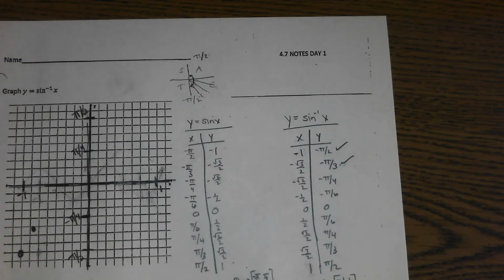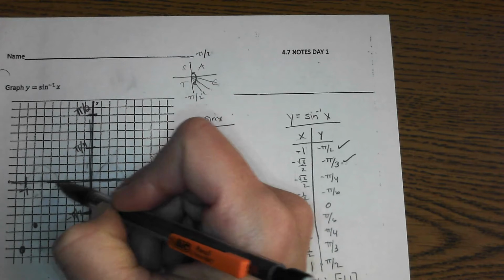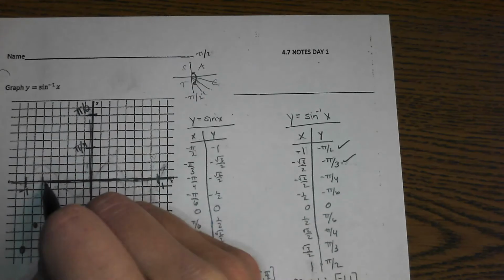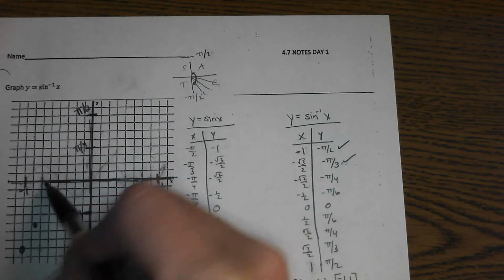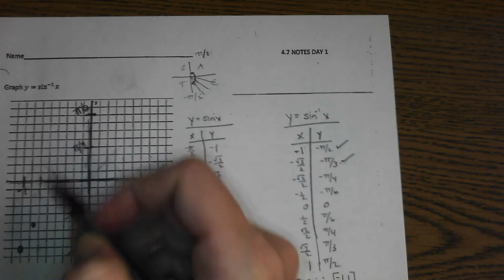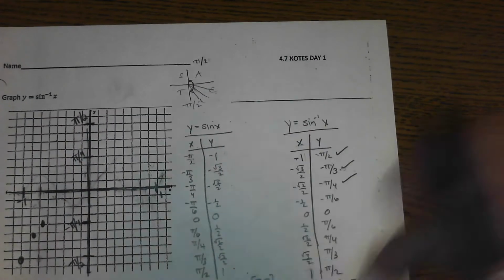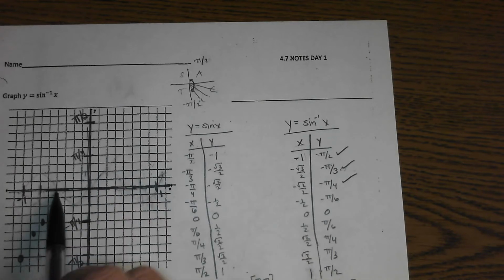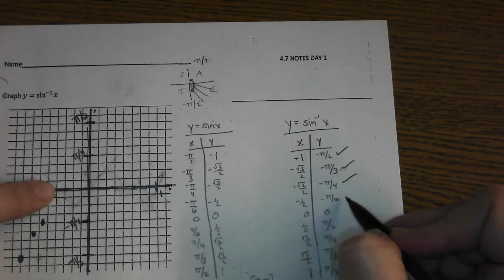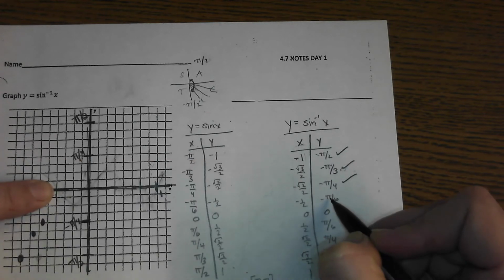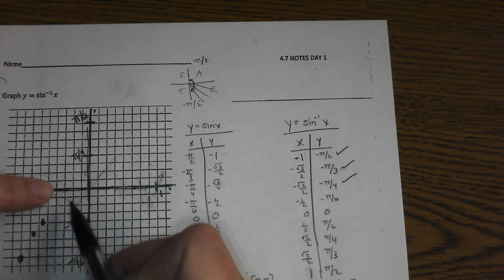And then negative root 2 over 2 is negative 0.7. There's 0.75, so negative 0.7 is right around there. And negative pi over 4. And then negative a half, and negative pi over 6, which is times a little more than 2.5, so like a little more than negative 2.5.